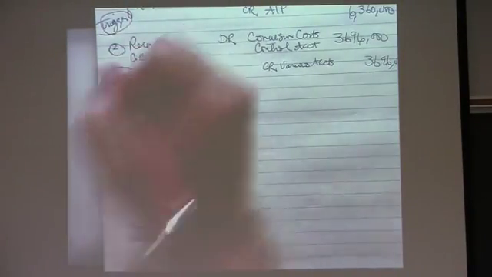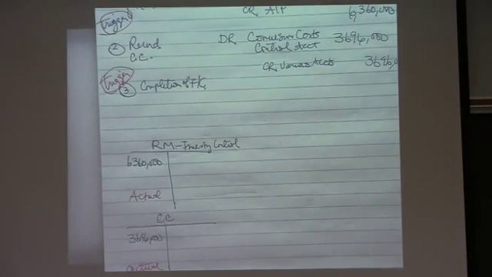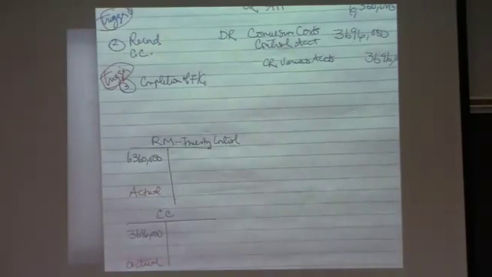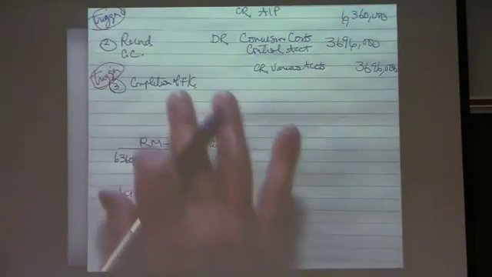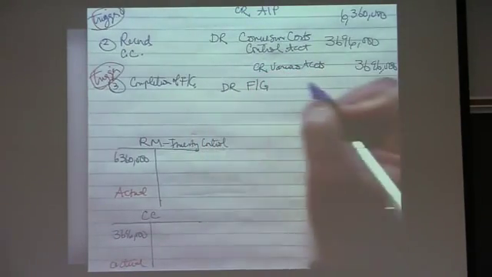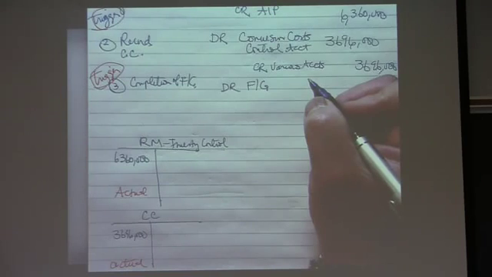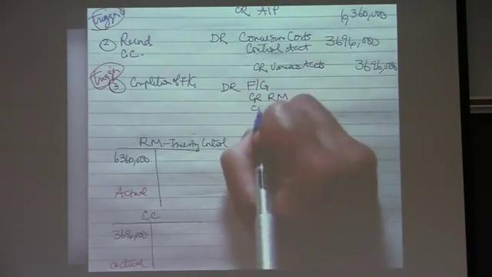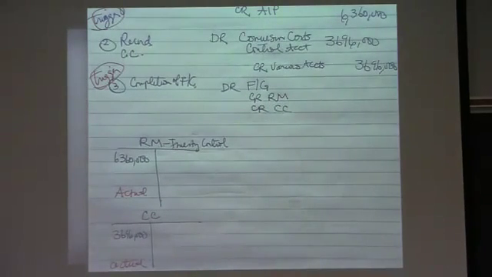Trigger means that's when they record the journal entries. So how do we determine the completion? We need to debit finished goods, and we need to credit raw materials and credit conversion cost. Now, how much are we going to do that?